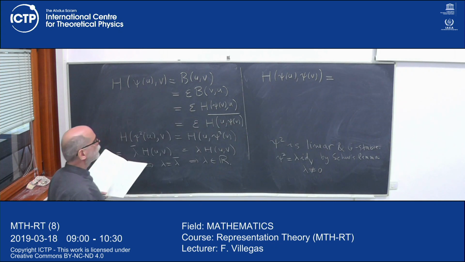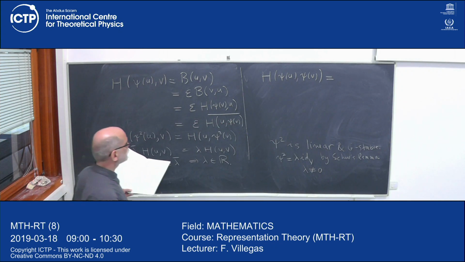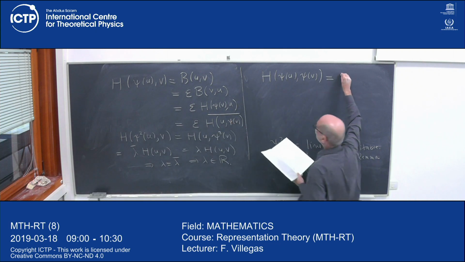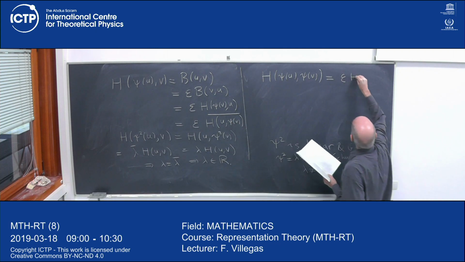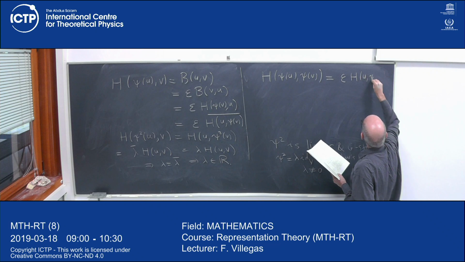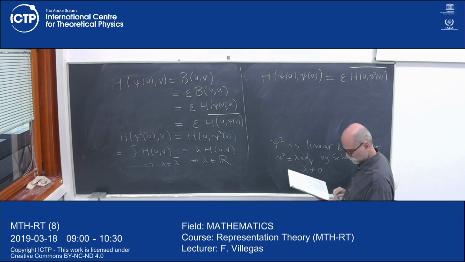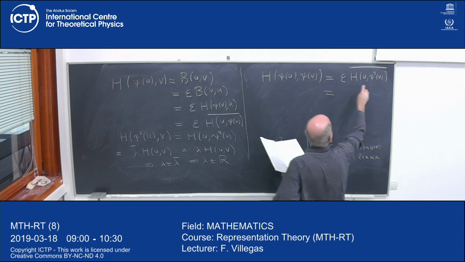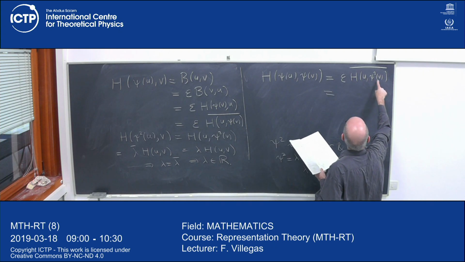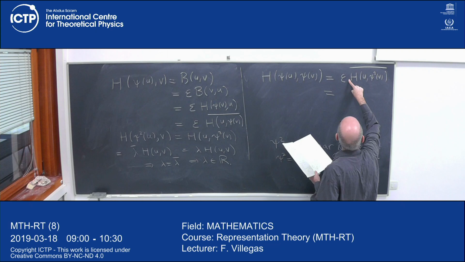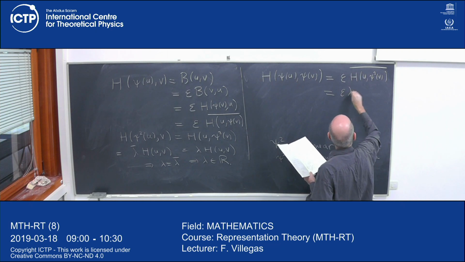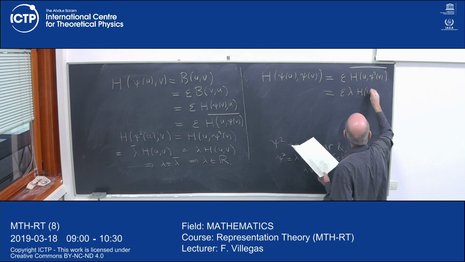If I replace v by psi of v, I'm going to get that this is epsilon of h of u, psi squared of v, all conjugate. Psi squared of v is lambda v, which comes out of h as lambda, and because it's real, it's not affected by conjugation.